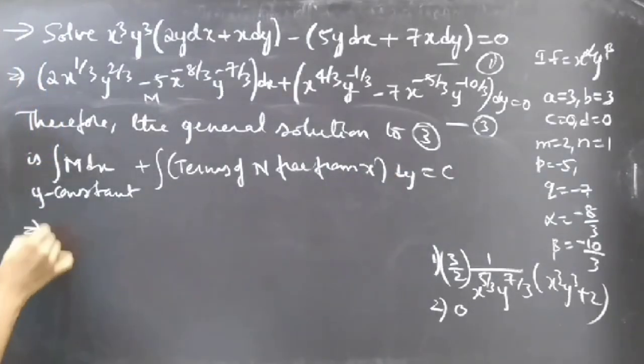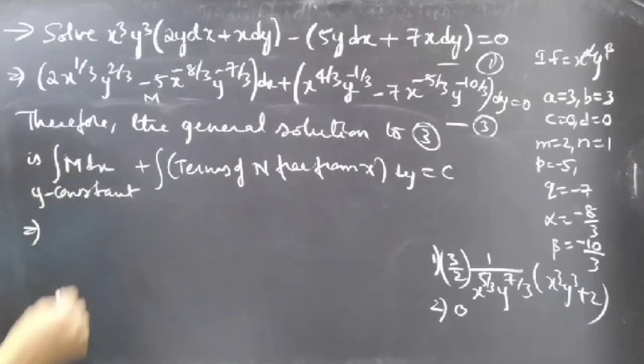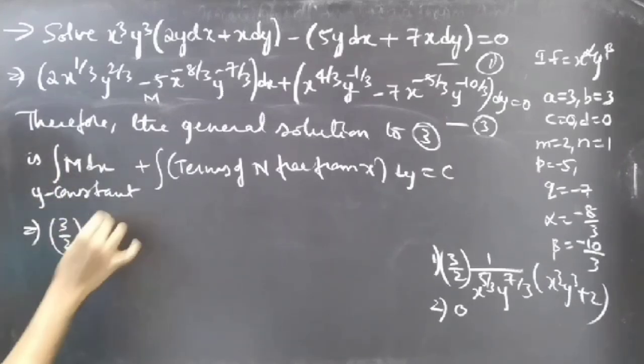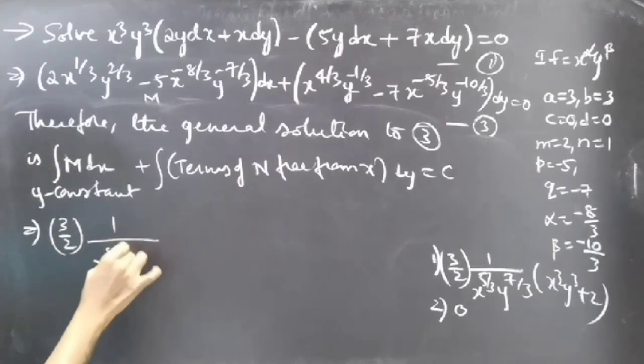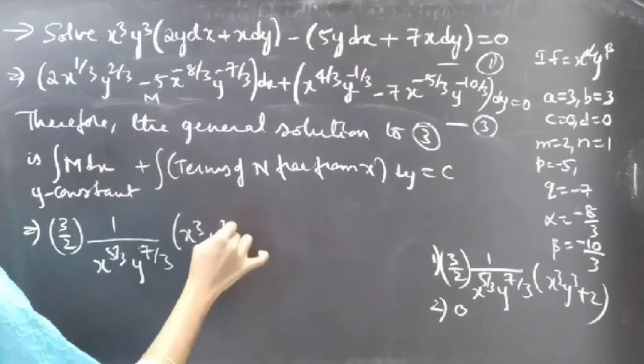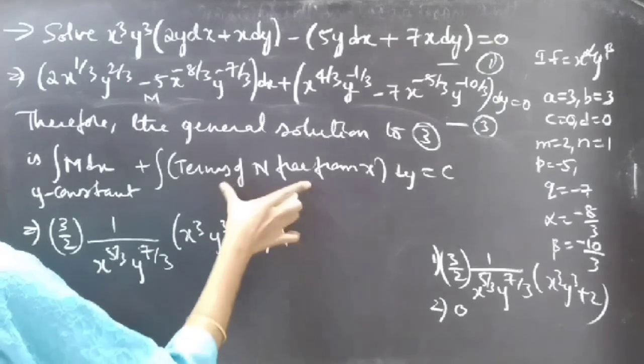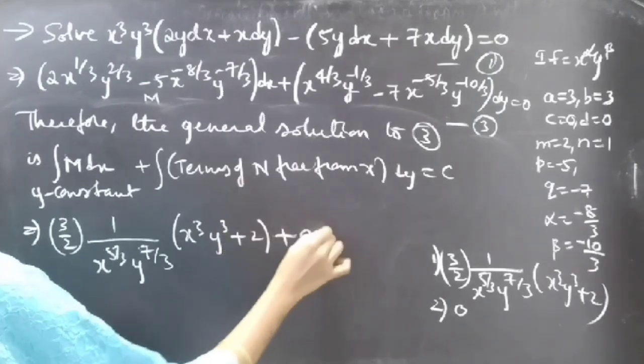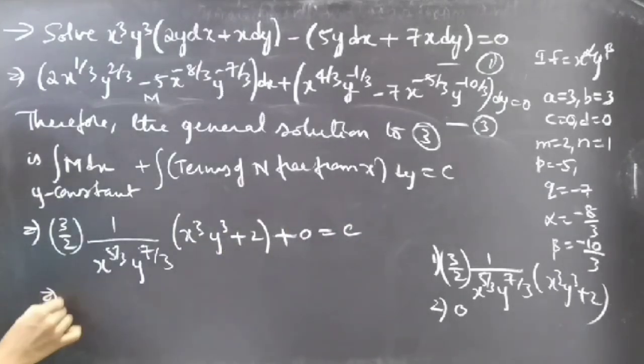So the result obtained from the first integral is 3/2 into 1/(x^(5/3) y^(7/3)) into (x^3 y^3 + 2), plus the result obtained from the second integral, 0, equal to c.